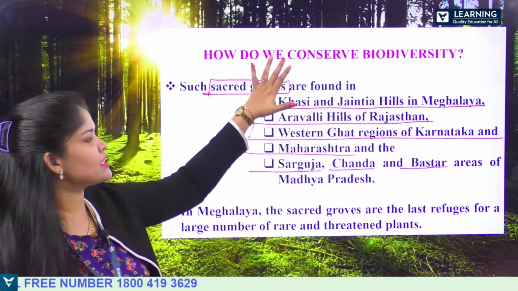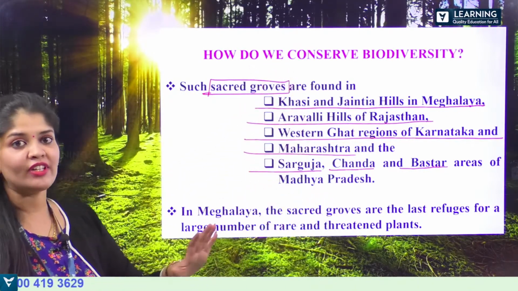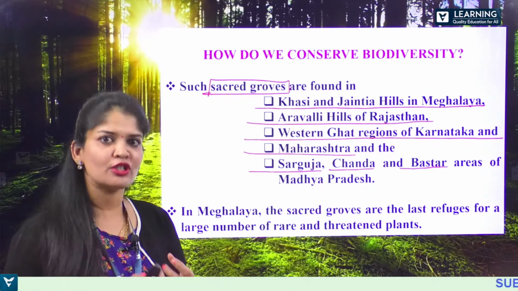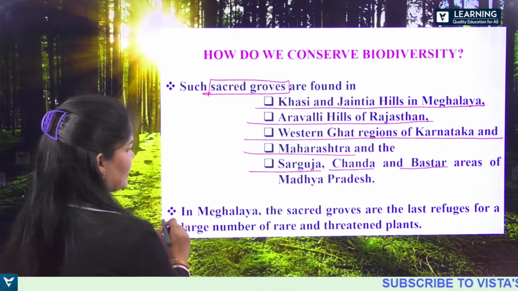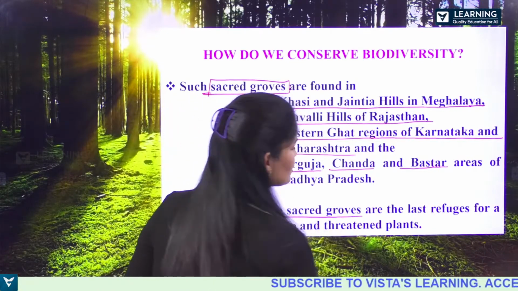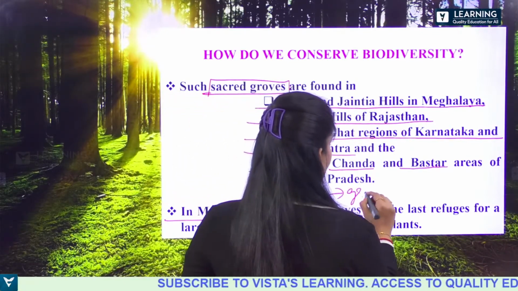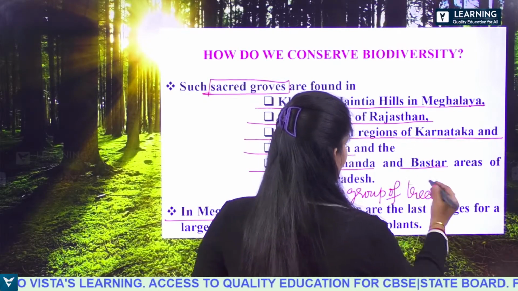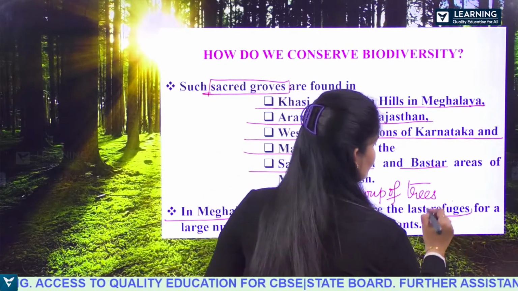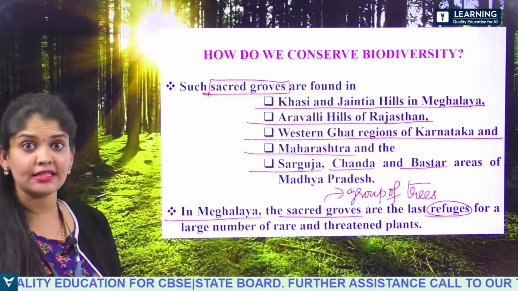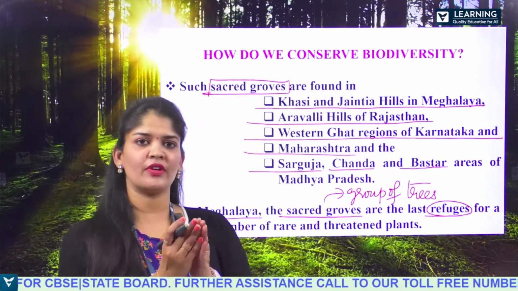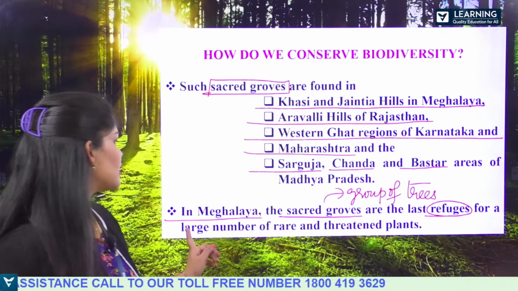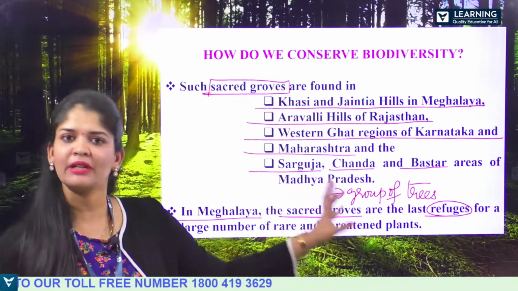These are all the places where we can see the protection of nature by treating them as sacred groves. In Meghalaya, the sacred groves of trees are the last refuge areas, places which provide safe shelter for a large number of rare and threatened plants, right?